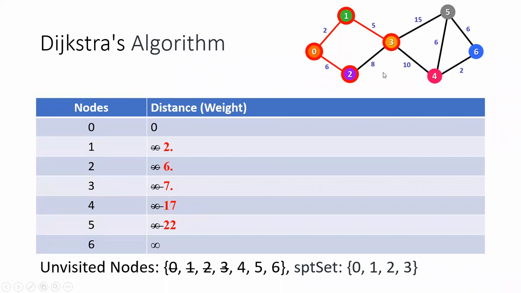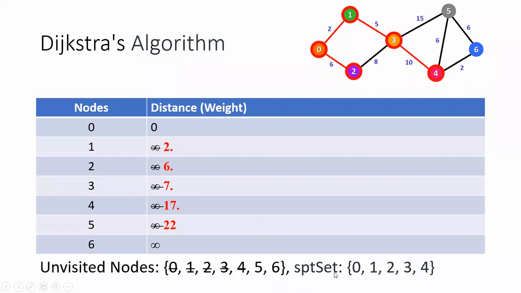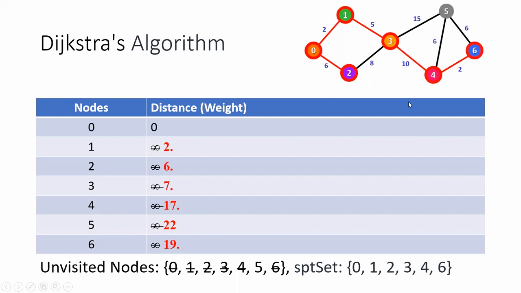So we put 4 in the shortest path set. Then for 4, it has 5 and also 6, but we go to 6 first.